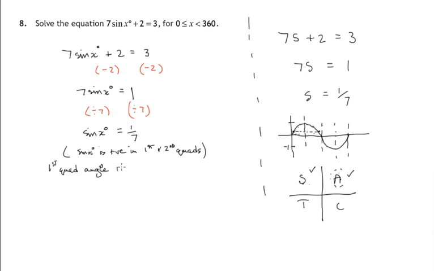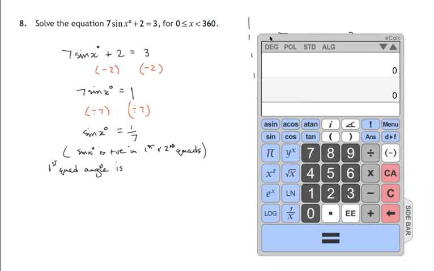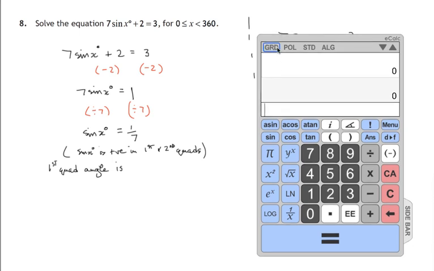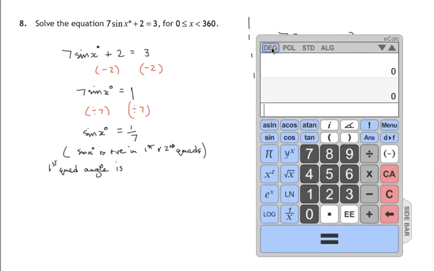So the first quadrant angle is, the sine of an angle is 1/7. Now on your calculator, and for goodness sake make sure that it's in degree mode, not GRD, not RAD, or you'll get the wrong answer. And we don't press the sine button, we do the opposite of the sine button. That's either sine to the -1 or second function sine. You'll know your calculator, but in this one it says a sine, and that's asking the question, what angle has a sine of 1/7?